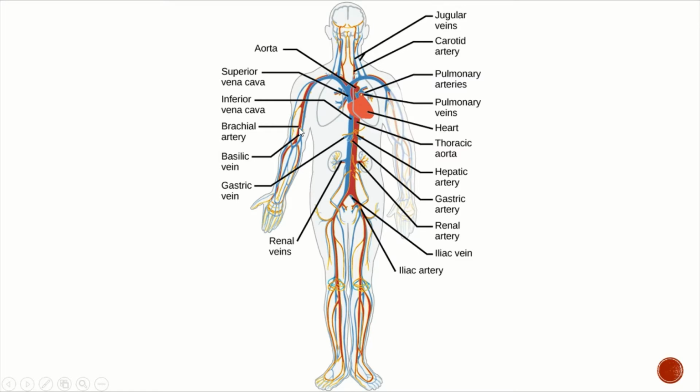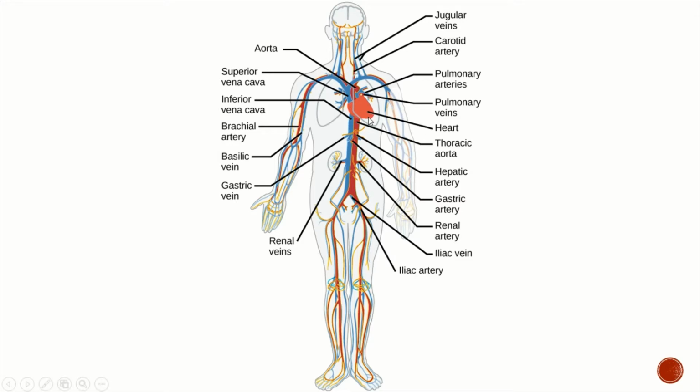This is the main artery of your arm. It then breaks down into other smaller ones, and then we have the veins coming back. We have the basilic vein, and the basilic vein becomes the superior vena cava, going to the right atrium.